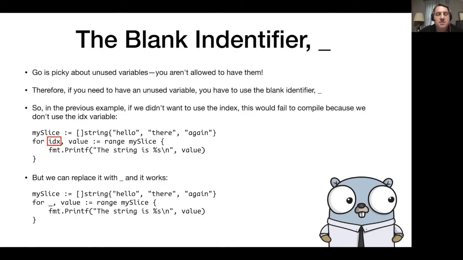So it's the same syntax. I have both the index and the value, but the index I'm assigning to the blank identifier, and therefore Go knows that I mean to discard it. So this happens a lot in Go code. You oftentimes have to use the blank identifier. It's a little weird, but you get used to it. So you can see that the IDX is replaced with blank.